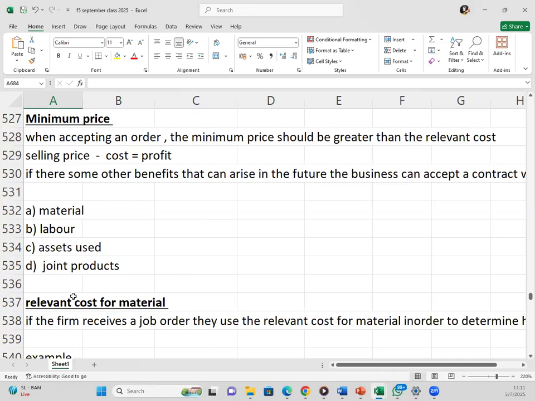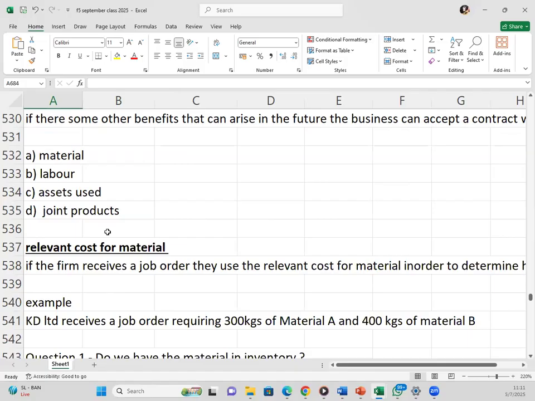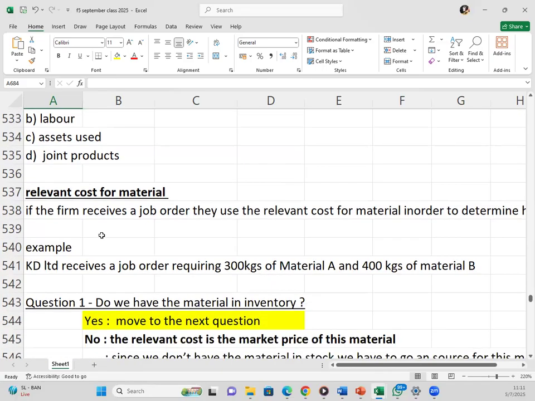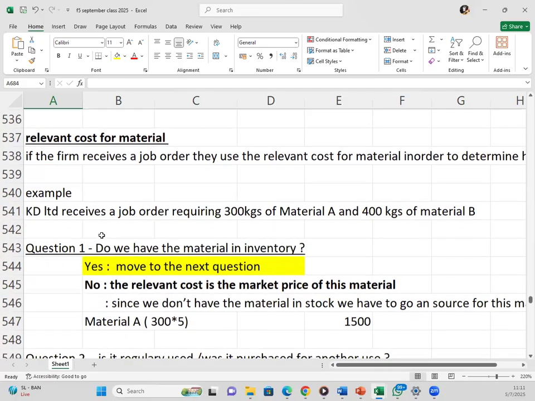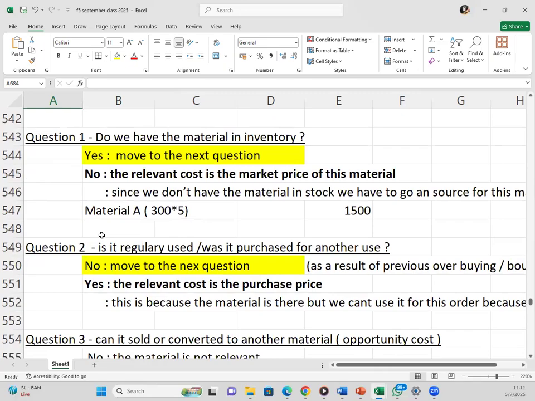Then let's move on. We did mention that relevant cost can be calculated for material, for labor, for assets, and in joint product. For relevant costing, we also looked at how you determine whether material is a relevant cost. There are questions you ask yourself.